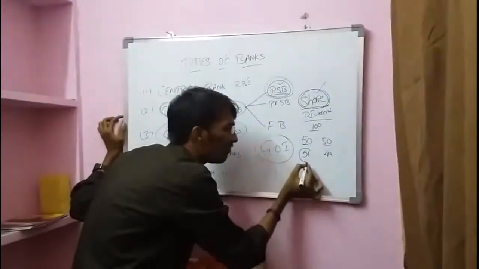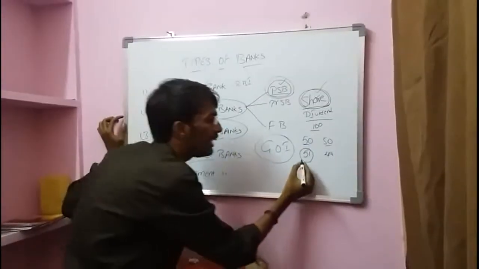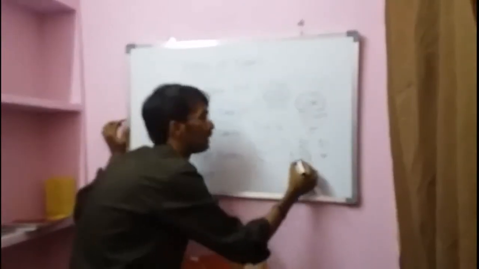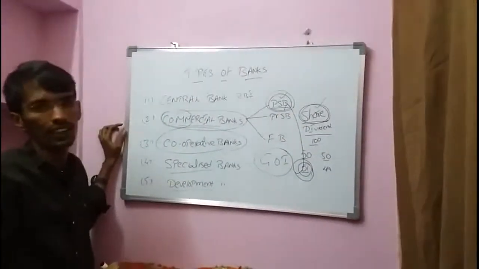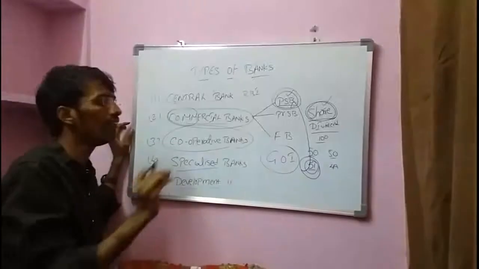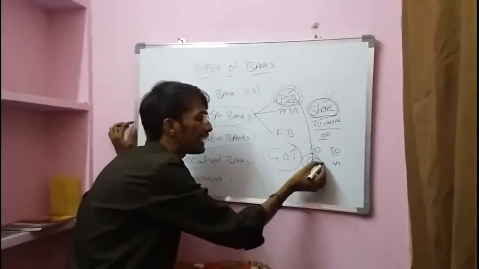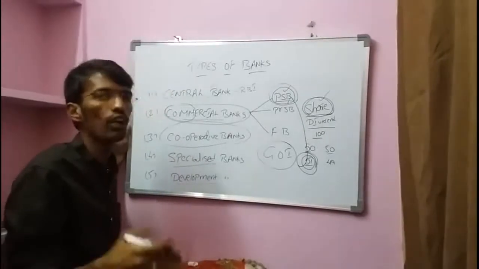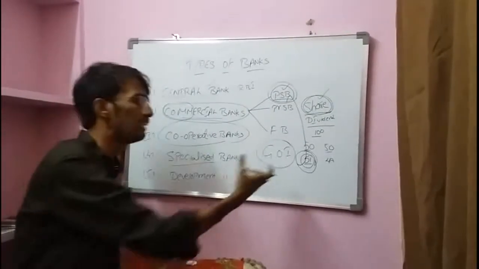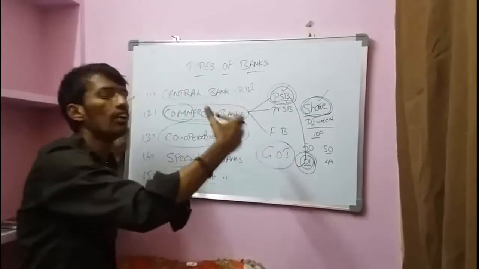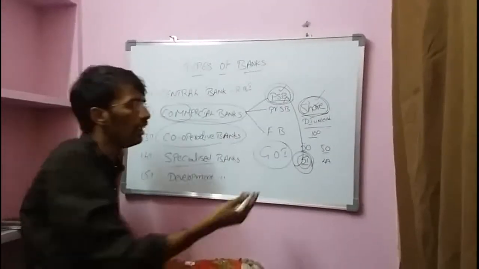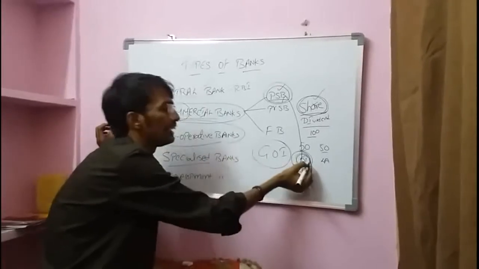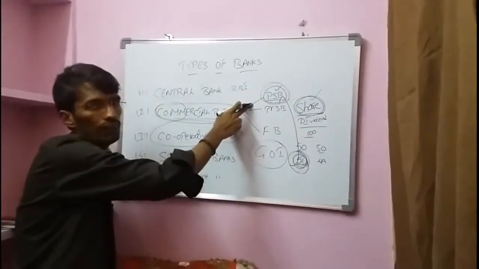If the government of India holds 51% in any bank, then it becomes the major share. Such a bank can be called a public sector bank. Simply, in our terminology, a public sector bank is a bank in which the major share belongs to the government of India. It may be 51 or more than 51, but it must contain at least 51% of the share. Such banks can be called public sector banks.